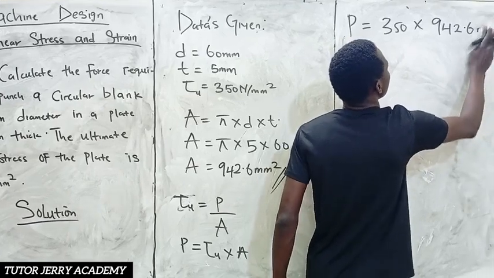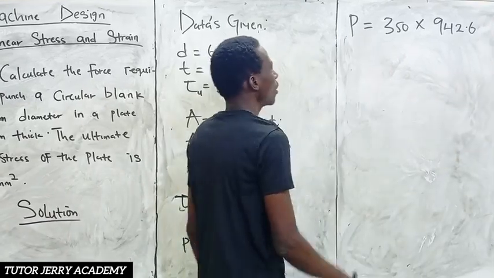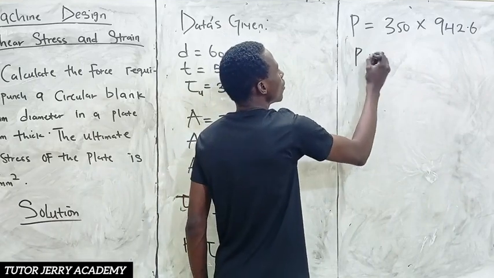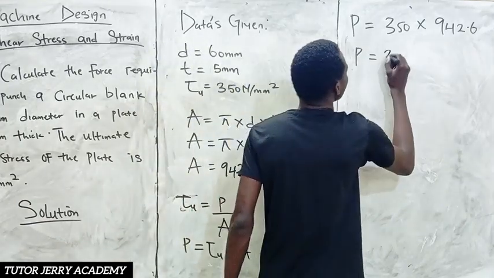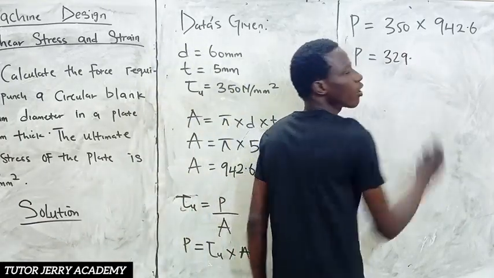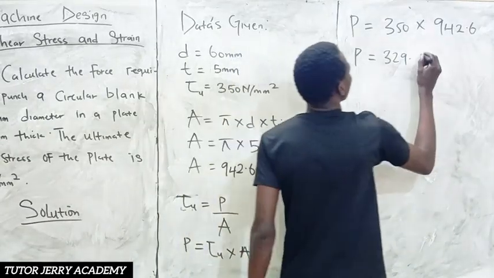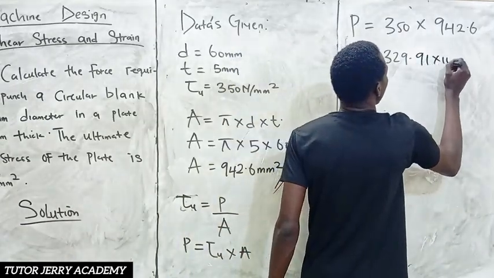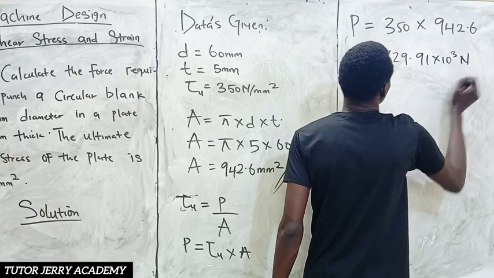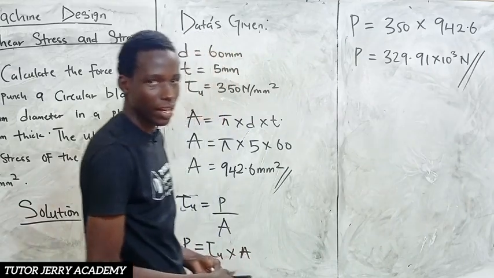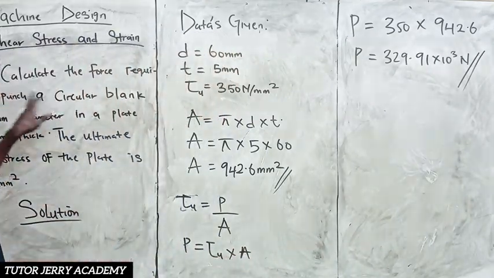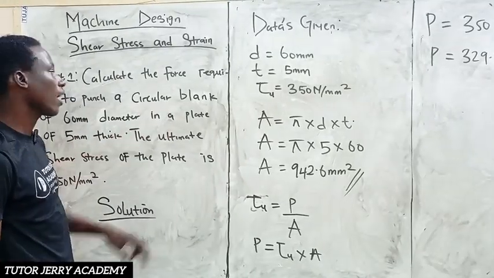Of course, we know that our area is in millimeter square. So if you press this in your calculator, you're going to have 329.91 times 10 to the power of 3 Newton. Of course, this will be our force required to punch a circular blank.